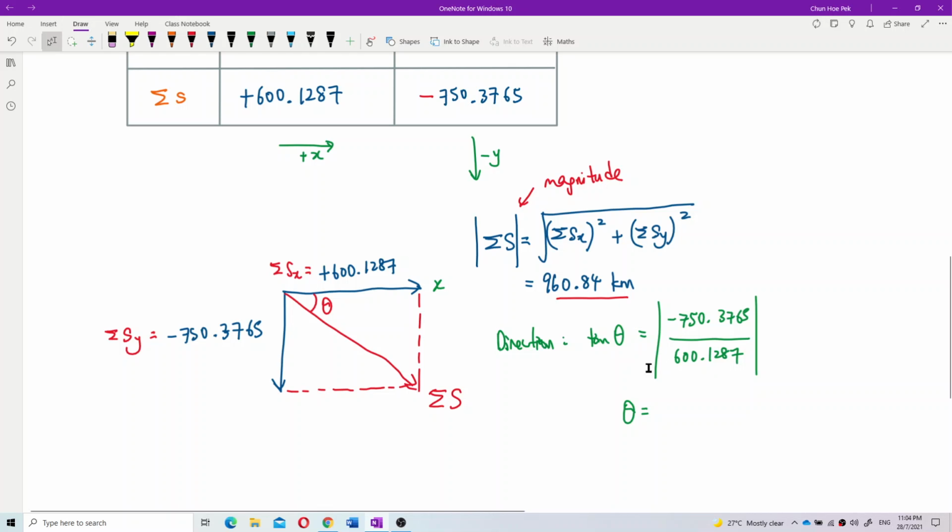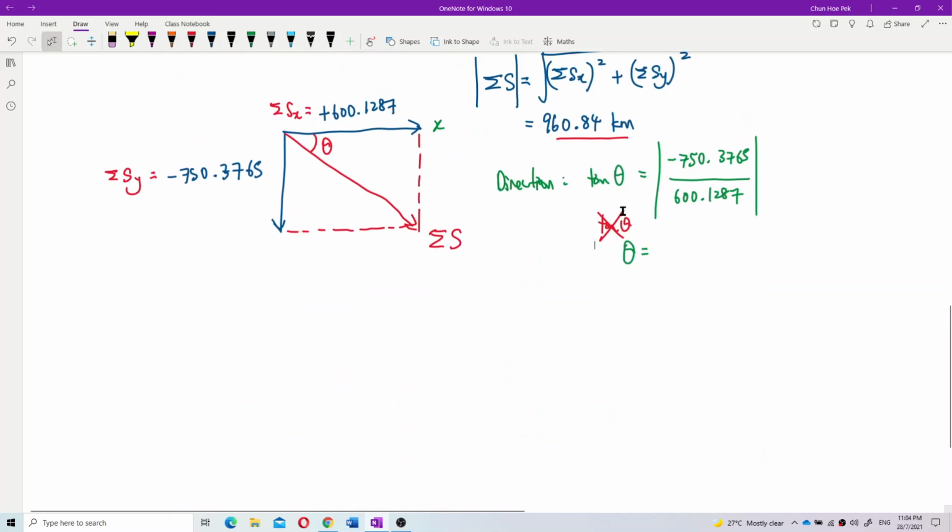One thing to remember: we want to find theta. We don't want to find tangent theta. So we need to do the anti-tangent. Do the anti-tangent if you want to find theta only.